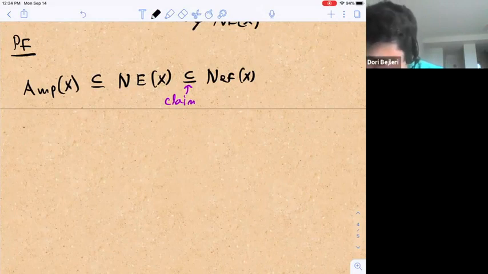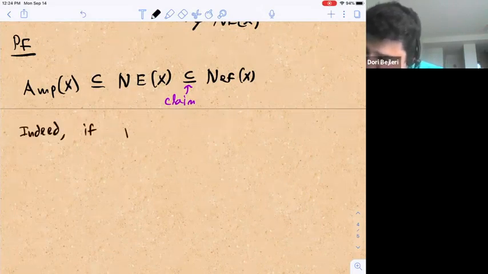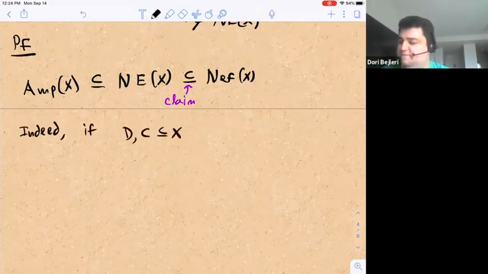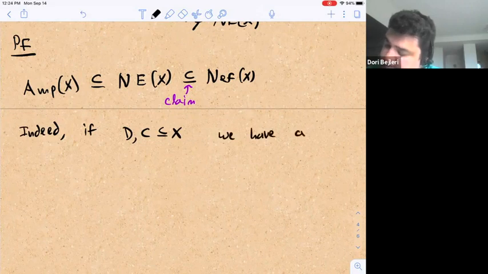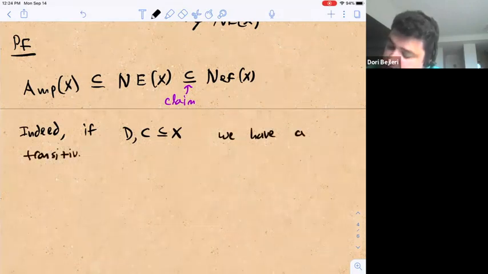So if we have two effective curves, D and C, inside of X, well, we have this action by E cross E, because E cross E is actually a group. And this action is transitive. So we have a transitive group action.